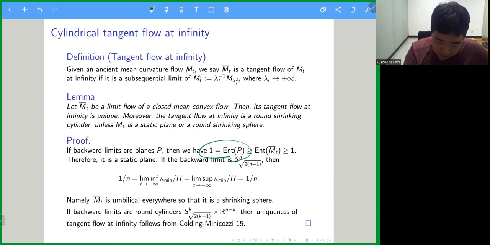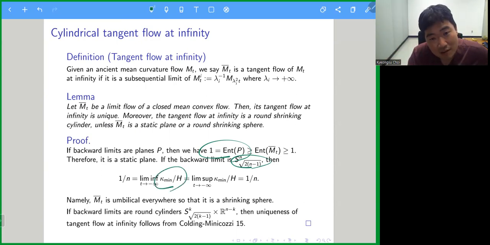And then what happens if the backward limit is a round sphere? In that case, as time goes to minus infinity, this ratio, the smallest principal curvature kappa over H, converges to 1 over n, because the backward limit is a round sphere. However, this is a closed convex surface, so the limit at the singular time is also a sphere.